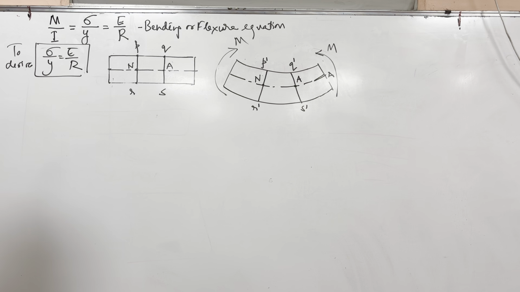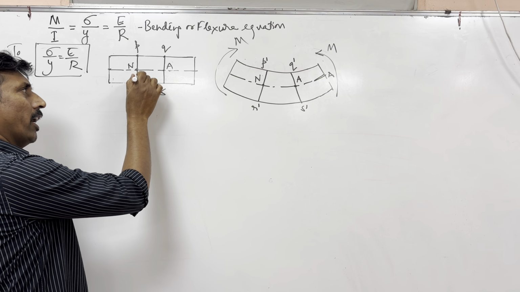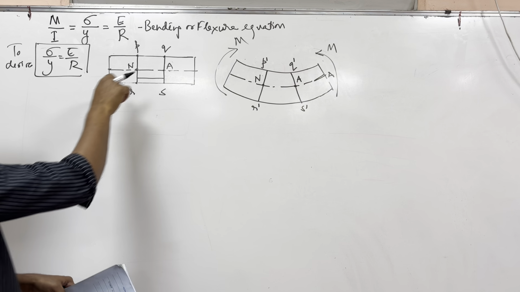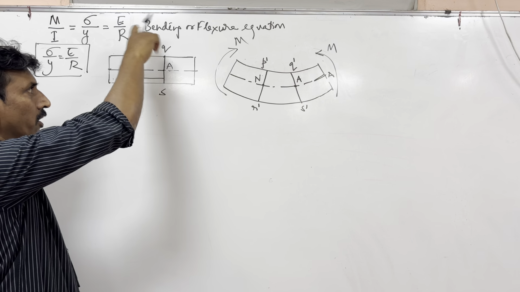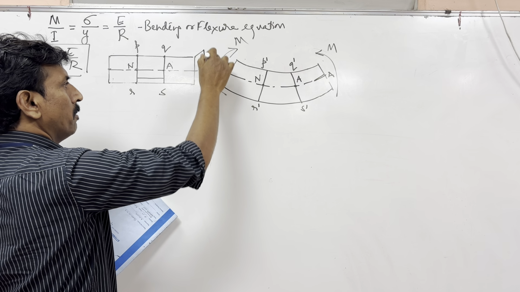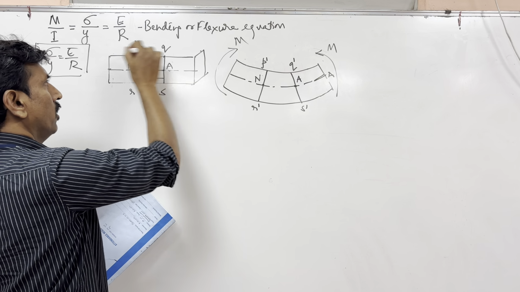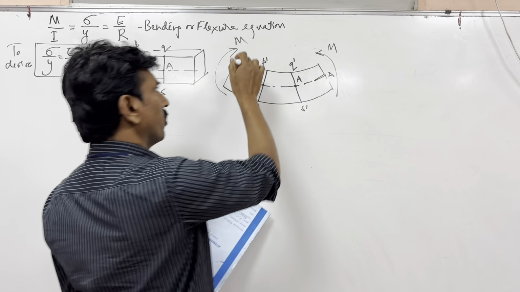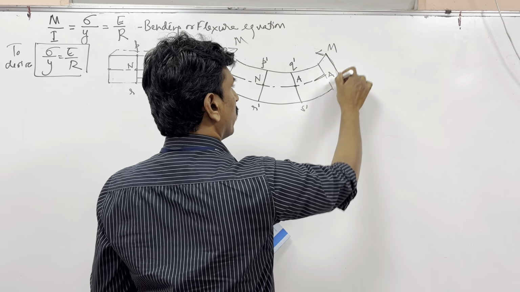Okay. Now, let me consider a fiber. A fiber is basically a line of metal in this big beam. Basically, the beam is not a rectangle, it is actually like this.